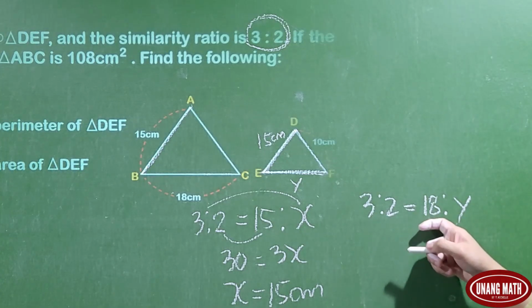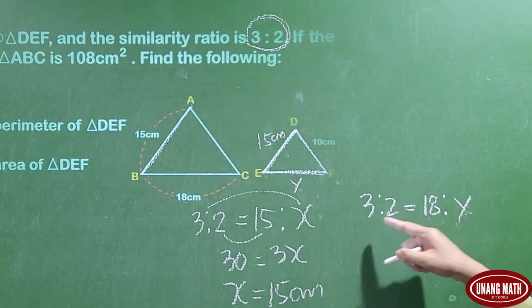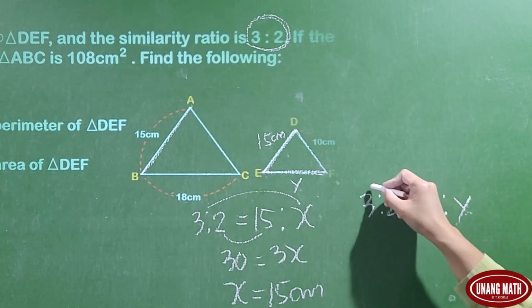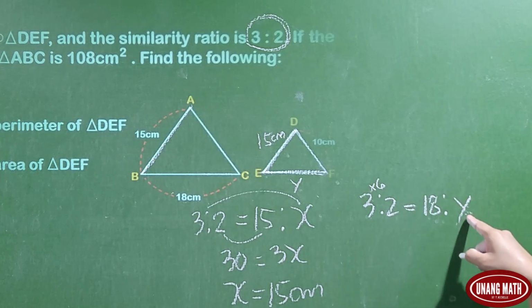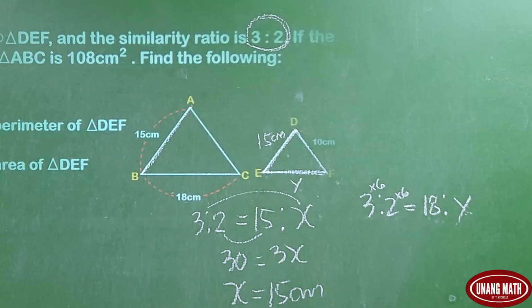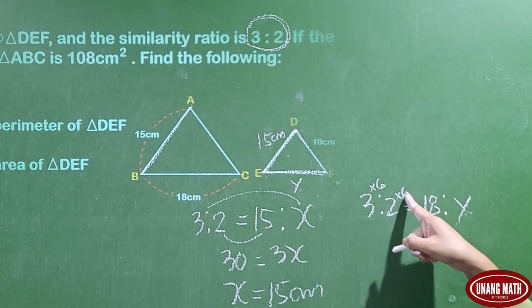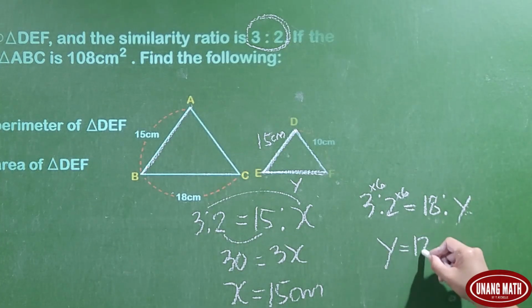Okay. If we are trying to find this length, from 3, how did it become 18? So we can just multiply by 6. So it means to find this length, we have to multiply this one also by 6. 3 times 6, that would be 18. So 2 times 6, that would be equal to 12. So y is equal to 12.